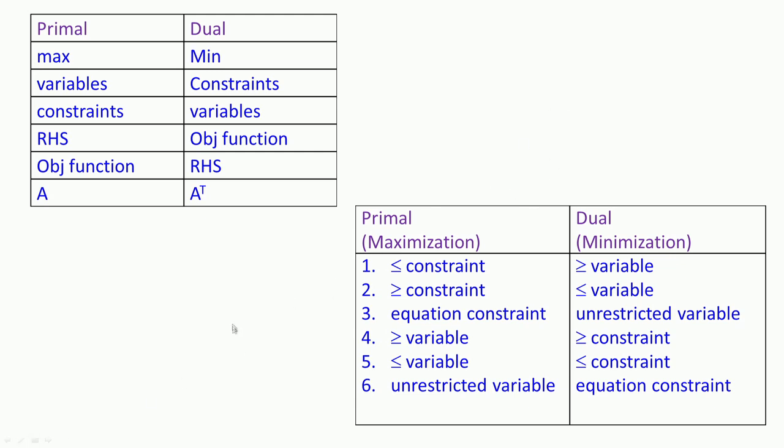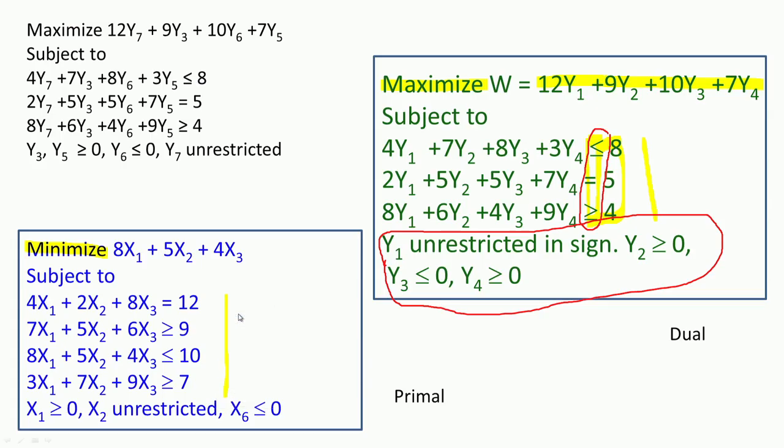Now to see this, we go back to the previous, where the primal is a minimization problem, the dual is a maximization problem. Now in the primal, the first constraint is an equation. Now remember, there are 4 constraints here, therefore there are 4 variables here. There are 3 variables here, there are 3 constraints here.